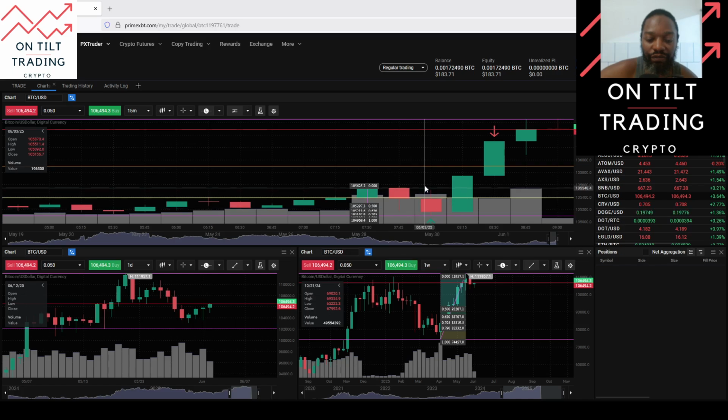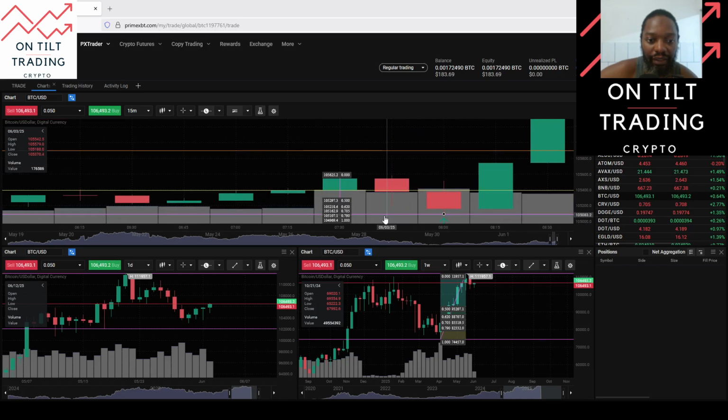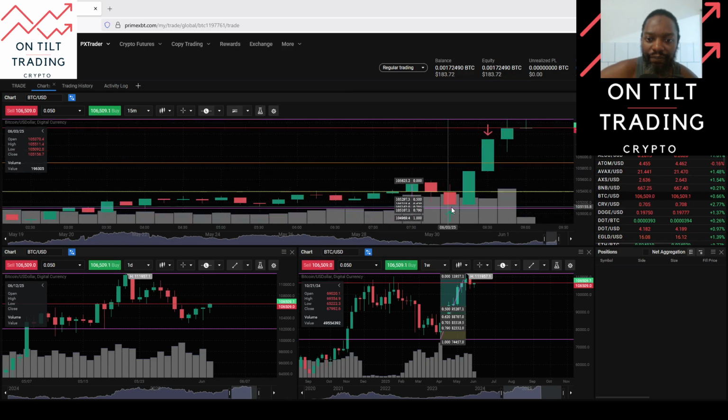So I was looking for an entry here at the 0.79 level, this 105,107.1, but price action was a bit volatile coming in, so I was able to get a better entry price, I think at 105,105 and something. And then I took my entry here, and you can see price action reacts pretty well from here, and we get consistent buying on up.